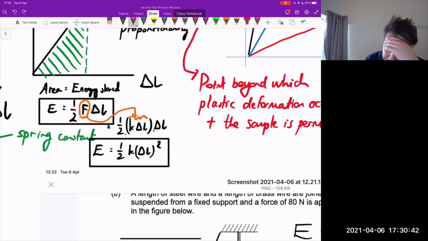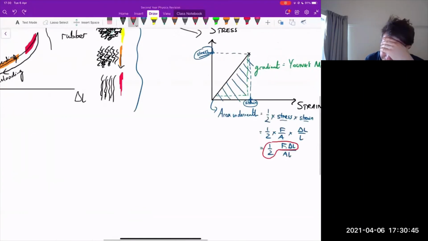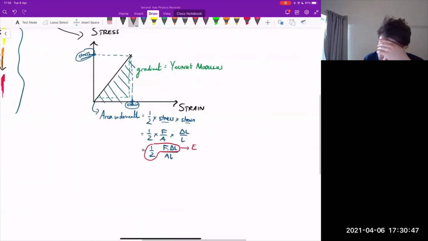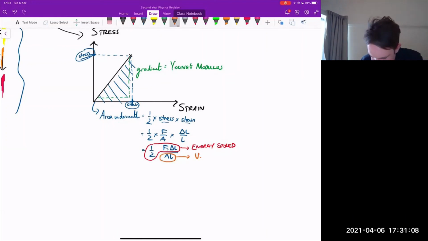Half F delta L. So this is energy stored, half F delta L. And A times L, if you think about it, if we know the cross-sectional area of the sample or the wire, and then we know its length, cross-sectional area times L is going to be volume, the volume of the sample. So you might have come across exam questions where you're asked to find the energy stored per unit volume in a sample. And this is how you do it.